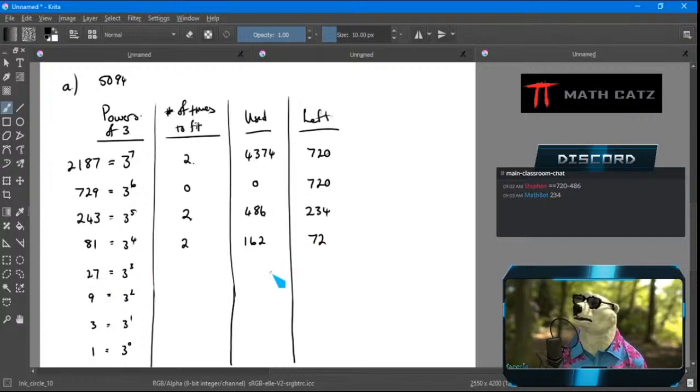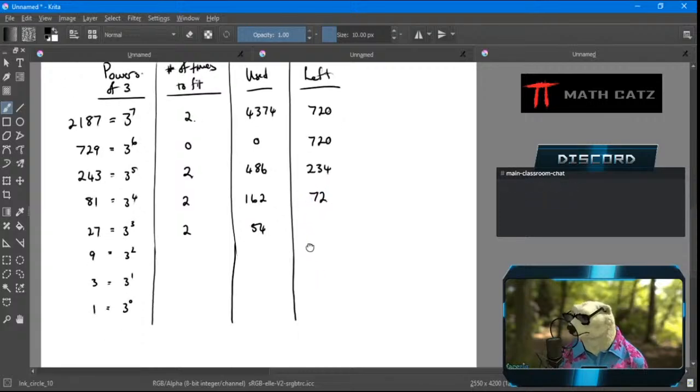How many 27s can fit into 72? Well, 2 of them, using 54. The smaller these numbers get, the easier my arithmetic is going to get, and I have more confidence. I've used 54. I have 18 left. My next group size is 9. 2 9s can fit and use all the 18 with nothing left.